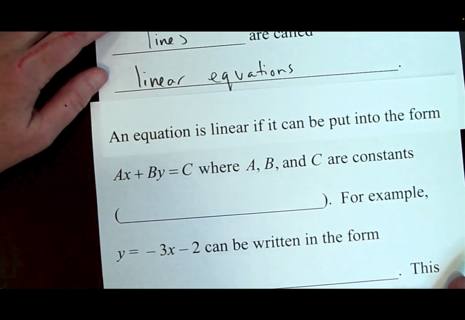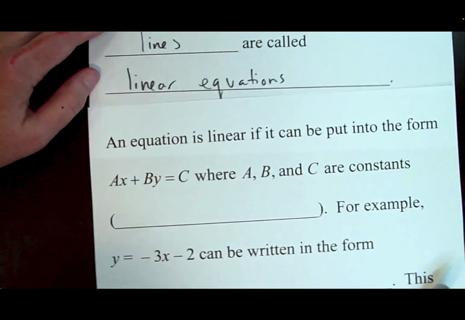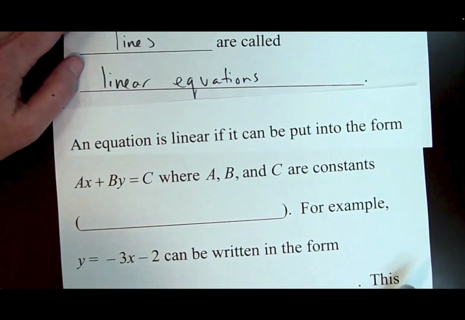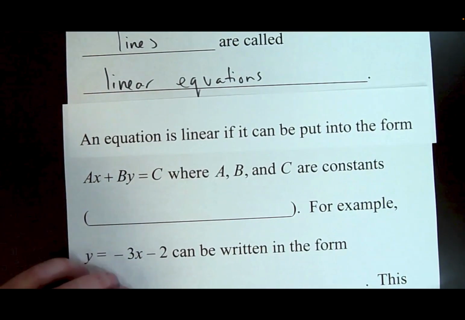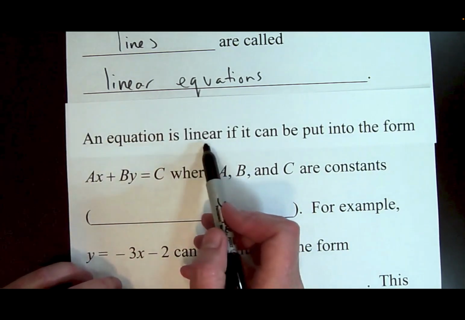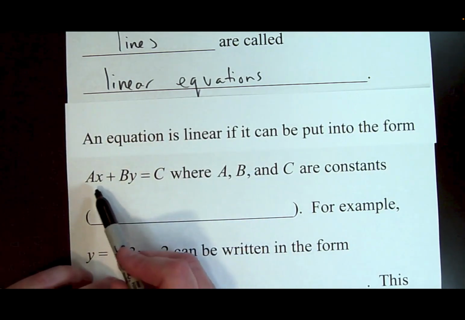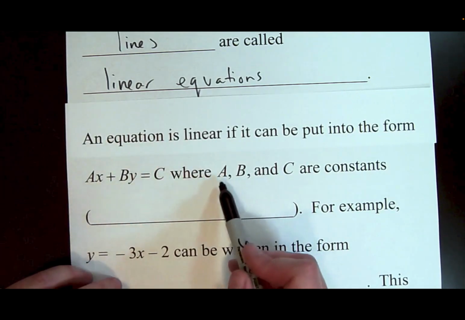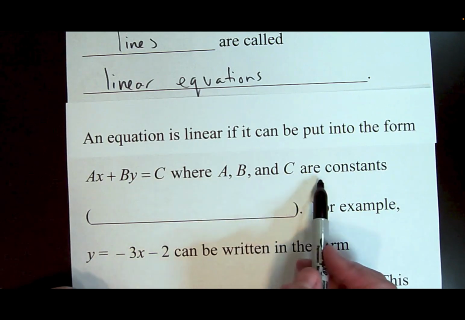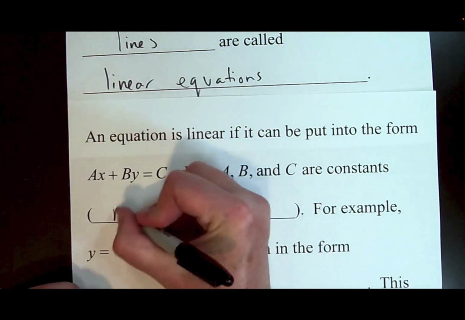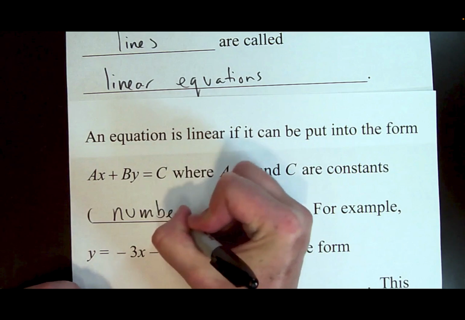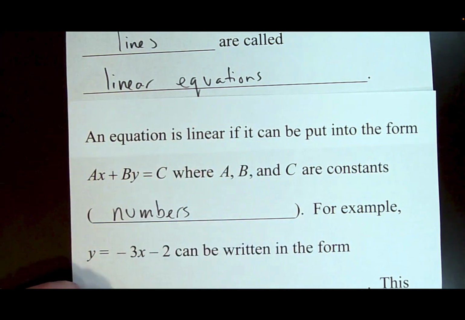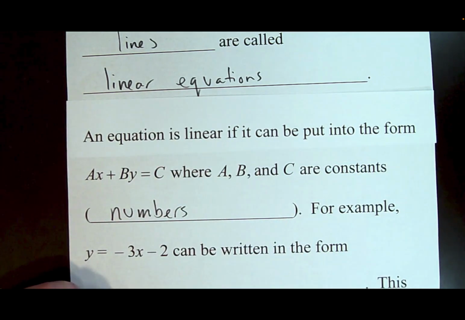Now, an equation is linear. You can tell it's linear, and this is how I knew the graph was going to be a straight line, which, by the way, is a very helpful thing to know. An equation is a linear equation, so straight line graph, if it can be put into the form ax plus by equals c, where these capital letters are representing constants. In other words, they're just numbers that you'll see in the equation. So the x and the y, you'll see actual x and y's. They'll be variables, but you won't see a, b, and c. You'll see numbers there.